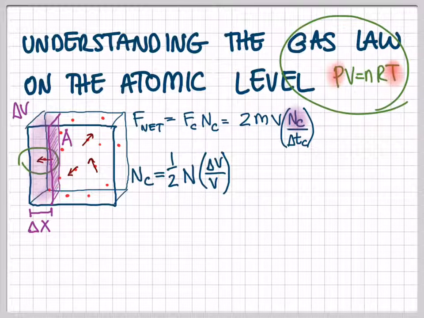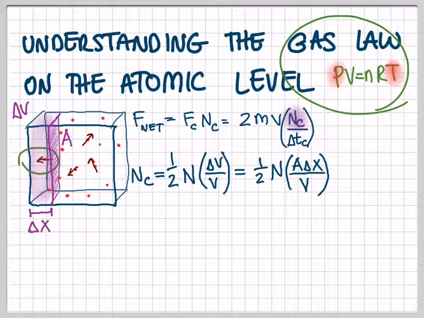If I multiply these two numbers together, I get my delta V, or the small volume. And what I'll do here is make a simple substitution. That area times delta x is equal to our delta V. Divide that by the total volume, and I've added a little more information to my equation.